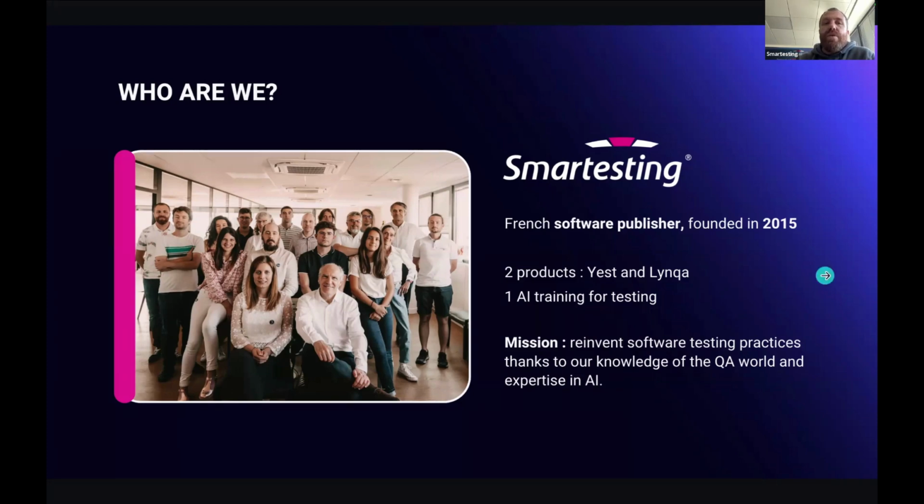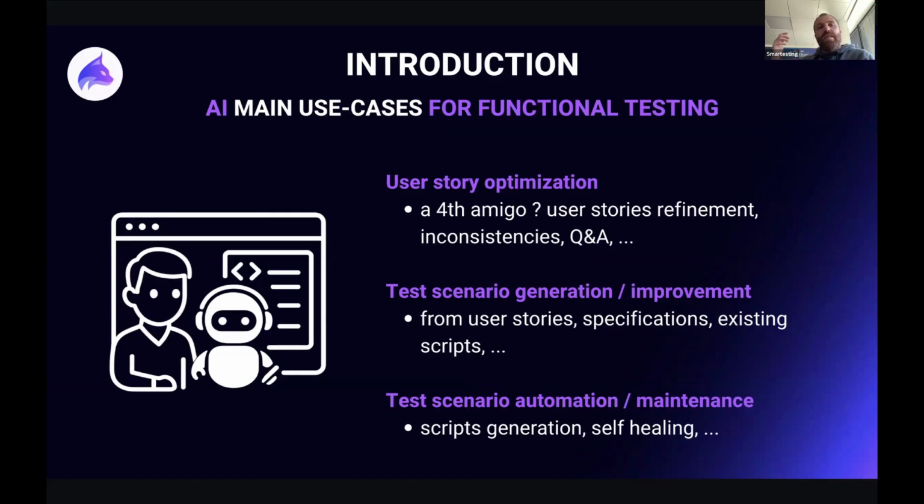I will first introduce the topic by telling that we have some main use cases for which AI is already used for functional testing. First, user story optimization: we have seen tools like Four Amigos appear that help testers, POs, and developers to discuss and refine user stories or find inconsistencies in the specification or in the tests.